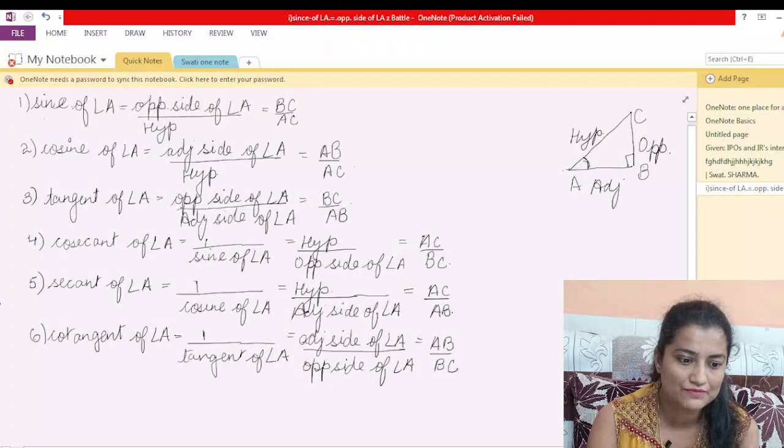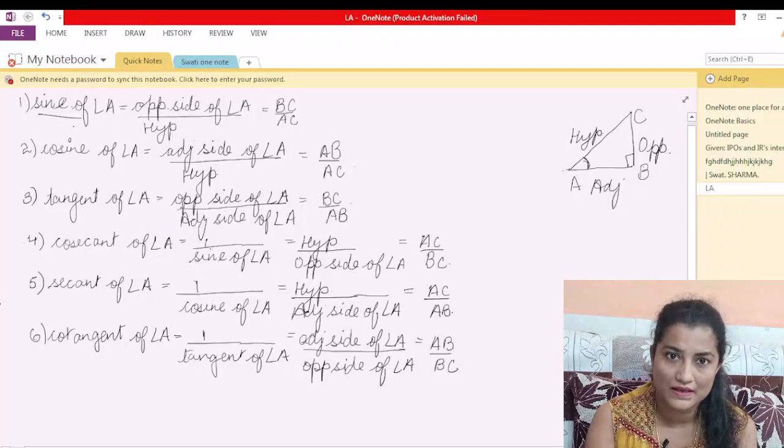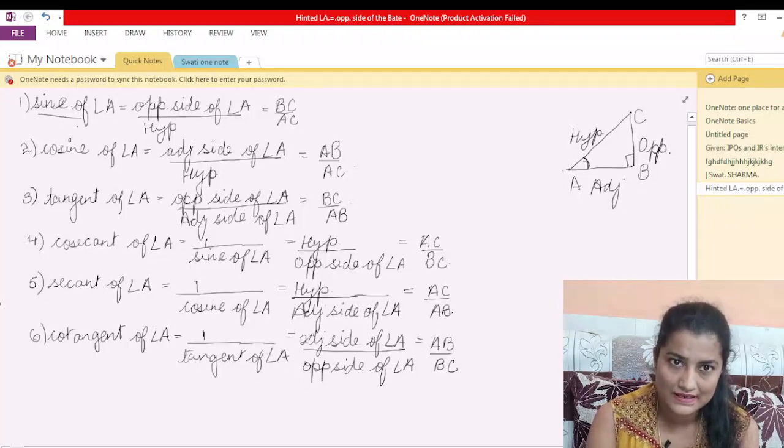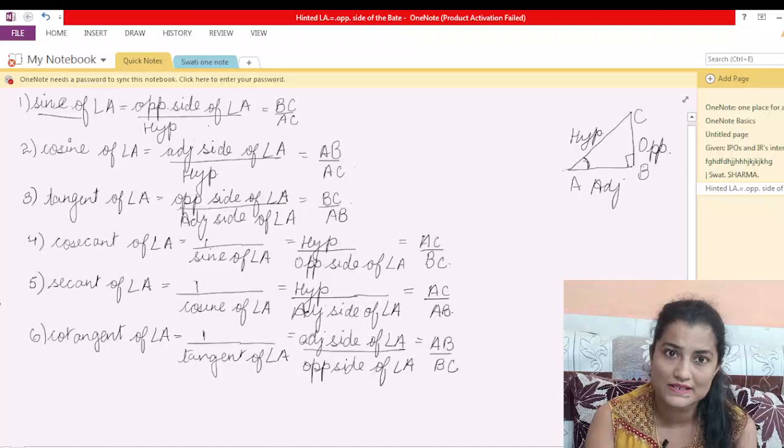Now starting with first identity, that is sine of angle A. Now sine of angle A, the identity goes as opposite side of angle A upon hypotenuse. So looking at the figure, we have opposite side of angle A as BC and hypotenuse as AC.